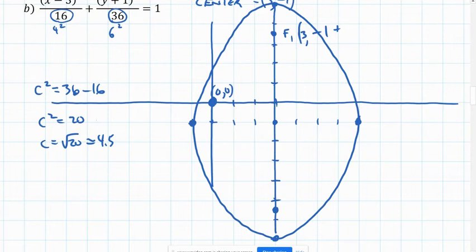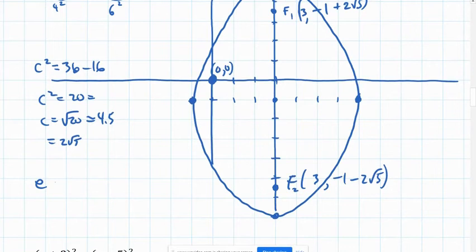Square root of 20 is 2 root 5. So we could say -1 plus 2 root 5. And then this point down here, focal point 2, is 3, comma, -1 minus 2 root 5. So those are the coordinates for our two focal points.